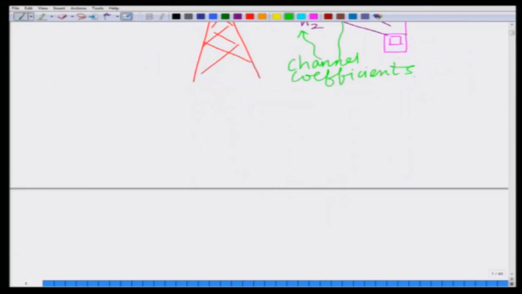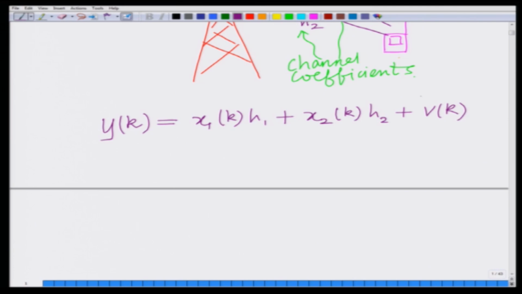And the system model for this, that is something that we have already seen, but let us give it here again so that you can recall it. I have the received symbol or the observed symbol y_k equals x1_k times h1 plus x2_k times h2 plus v_k.